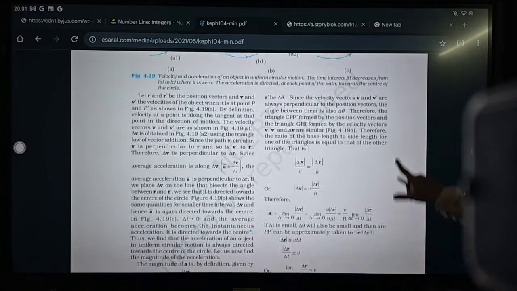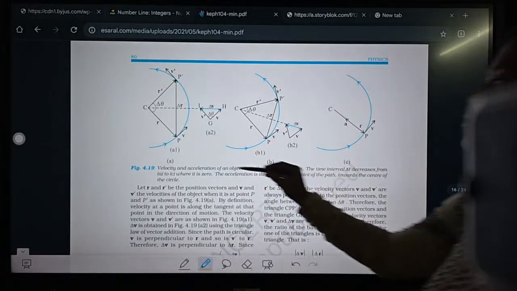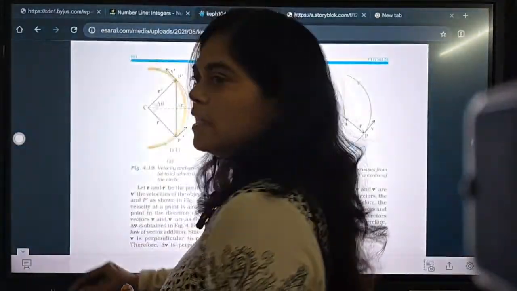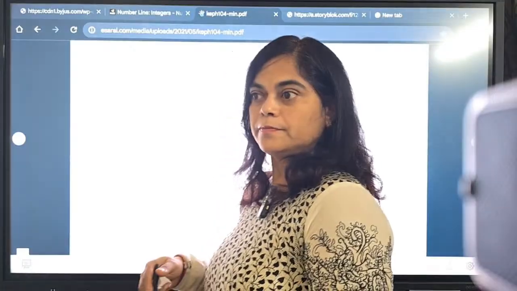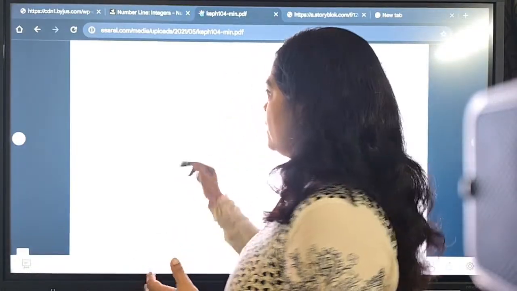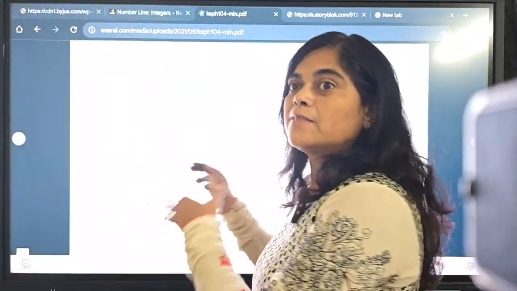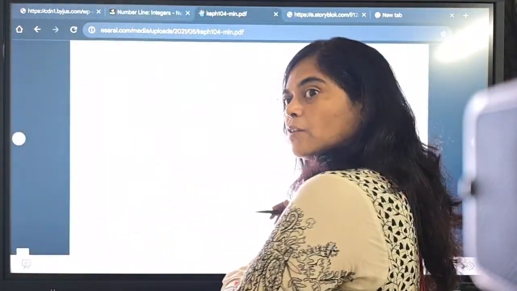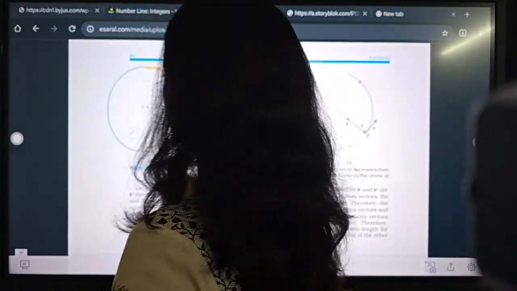That is not given here. Initially, it says the particle is moving in a curvilinear motion. We don't know whether it has completed the circular motion, that's why they have represented R prime. They didn't know whether it is the radius or not. Finally, they concluded that if it is the radius, then it follows the complete circle.